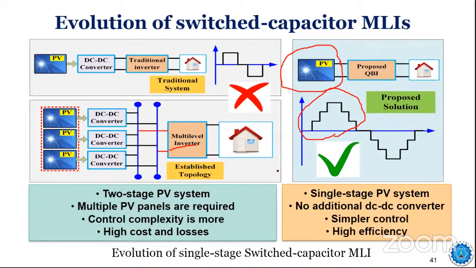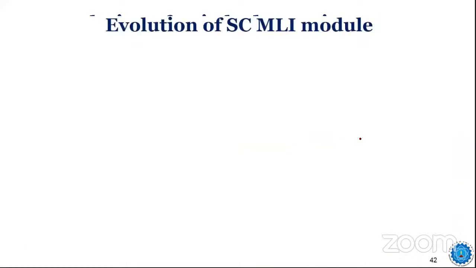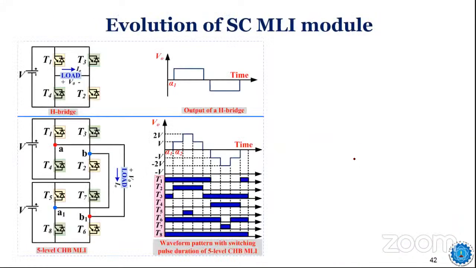So you can see the interesting feature, how it can be done. Let us see the evolution. If you understand this, in the second half in the afternoon session, when I explain the hands-on, you will understand everything in detail.